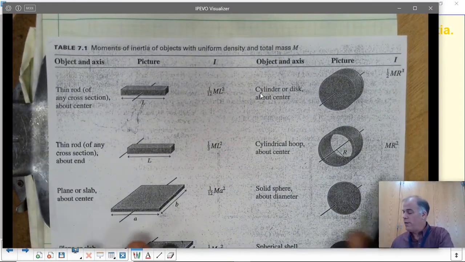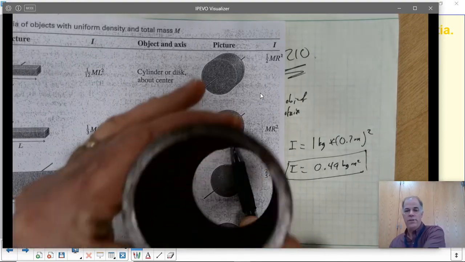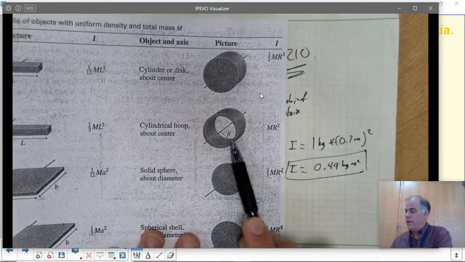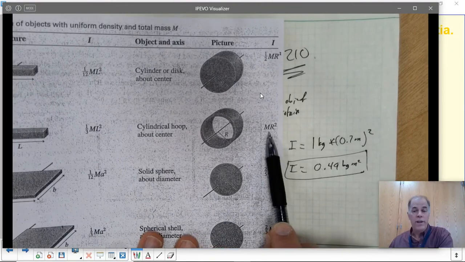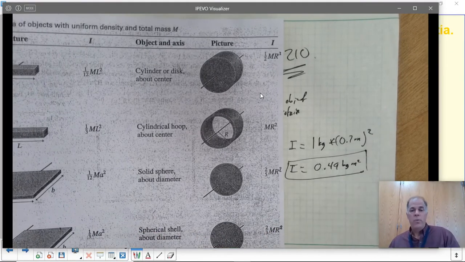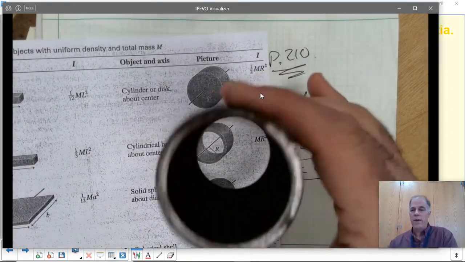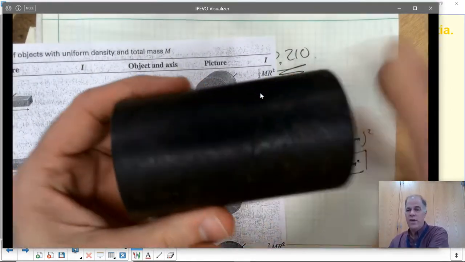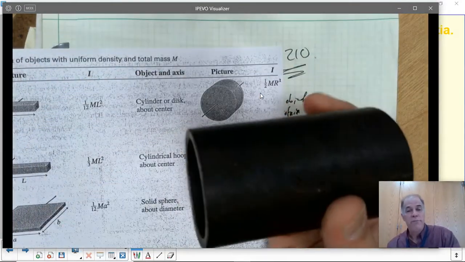So for example, this is the cylindrical hoop that I was just showing you. The formula for it is mr squared. Now, we don't have the formula on this page, but if we were to take this same hoop and instead of rotating it like this, if we were to rotate it like this, it's going to be a different number.